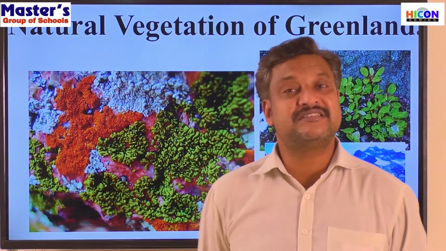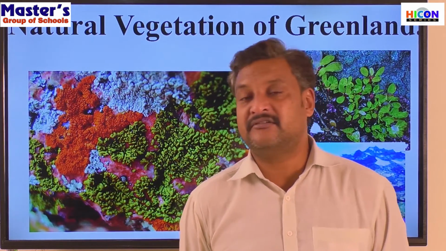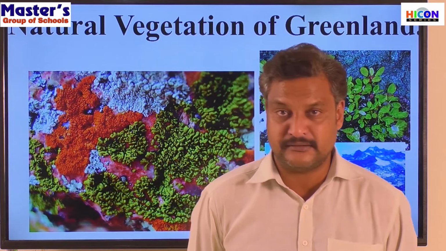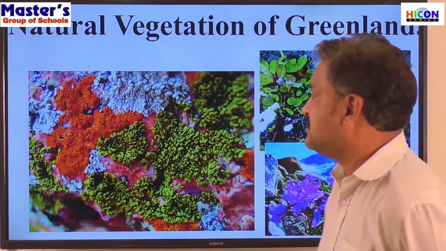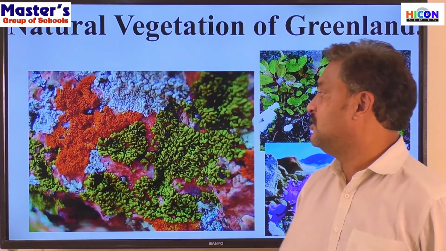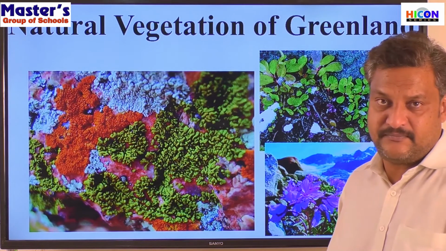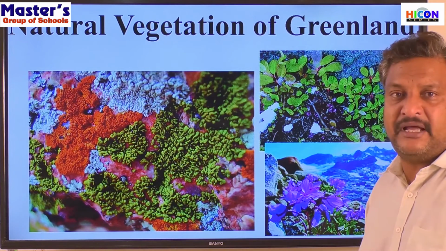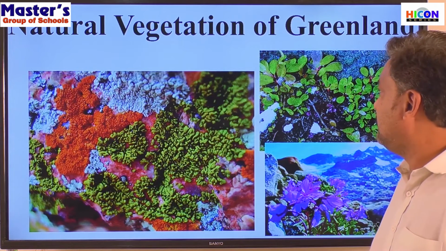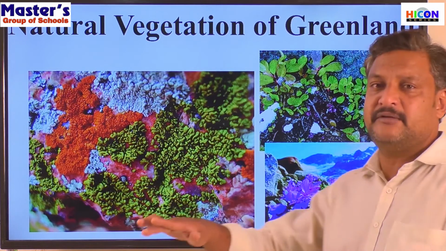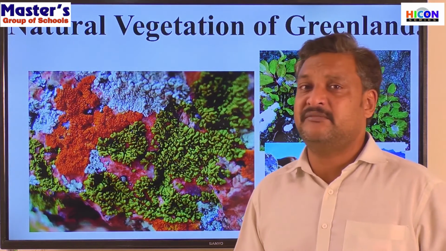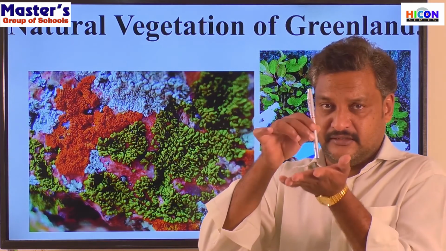Only during the short summer season, in some regions the ice melts and some land is seen by the sun. Only in those regions can we find some moss or lichens or small flowering plants, grass-type flowering plants, which can have a maximum height of 15 centimeters. 15 centimeters means what? Yeah, 1 scale.